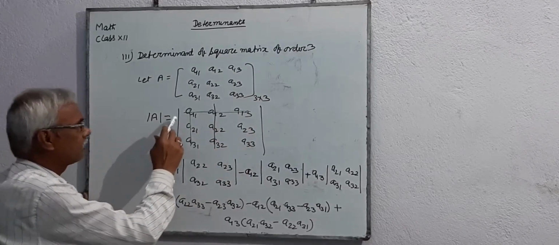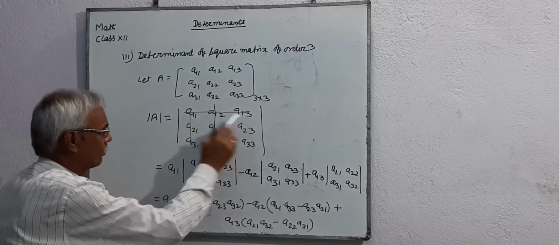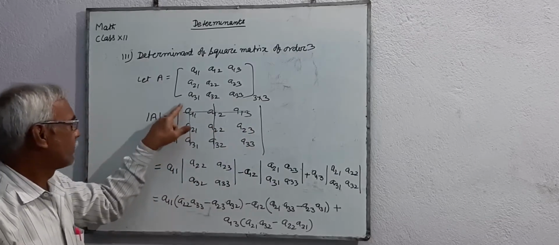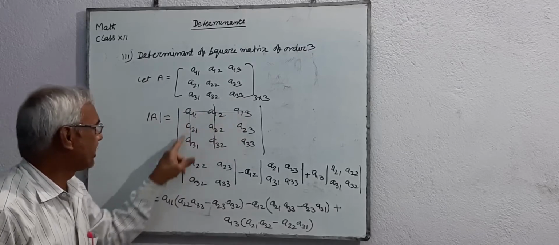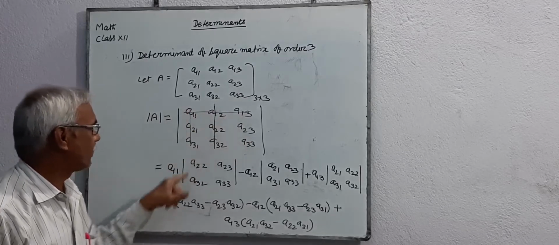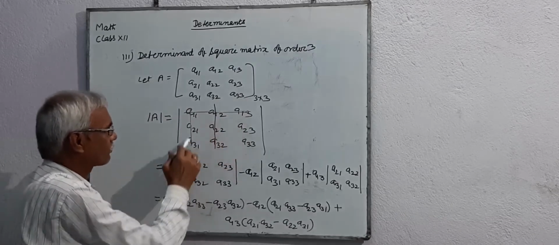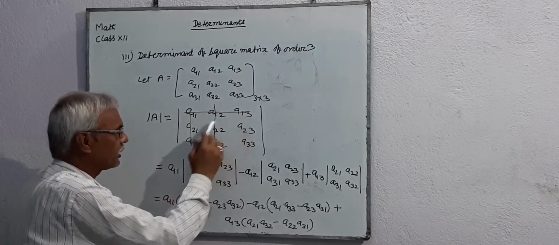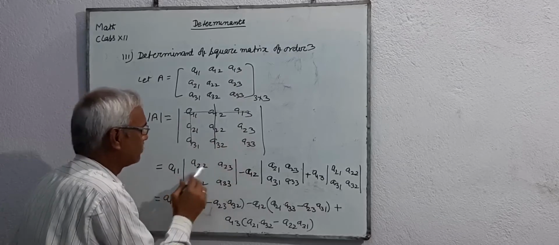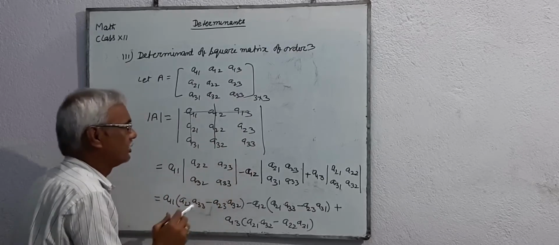Here we take the first row. The element A11 lies in the first column, so omitting the first row and first column, we get the second order determinant A22, A23, A32, A33.